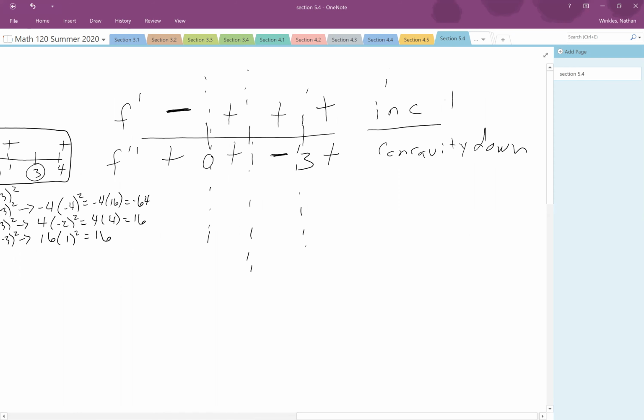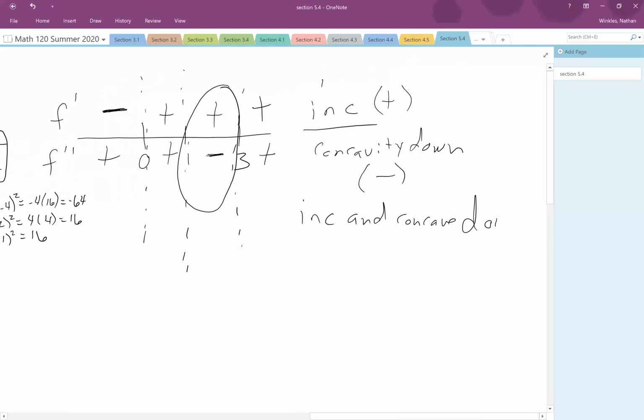So we're looking for a plus up here and a minus over here. We're looking for the plus over the minus, which happens right here. So this graph is increasing and concave down in the interval 1 to 3.